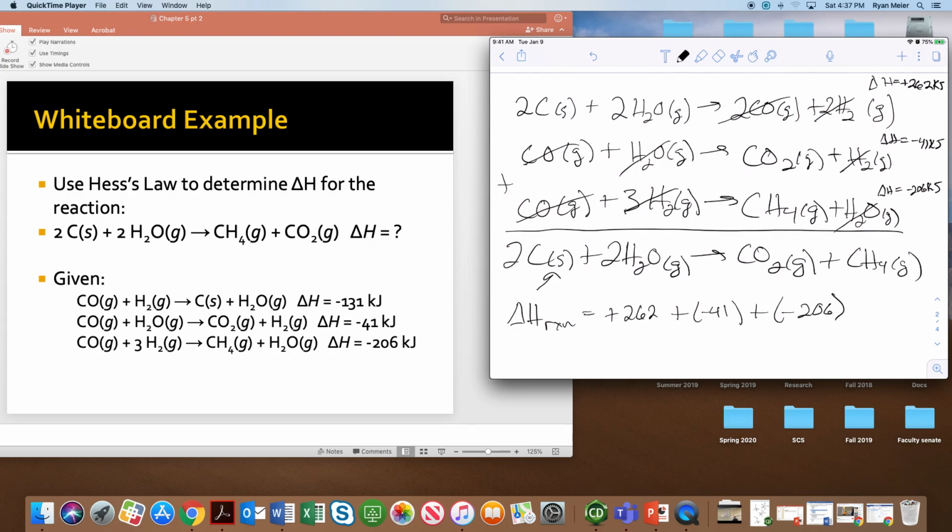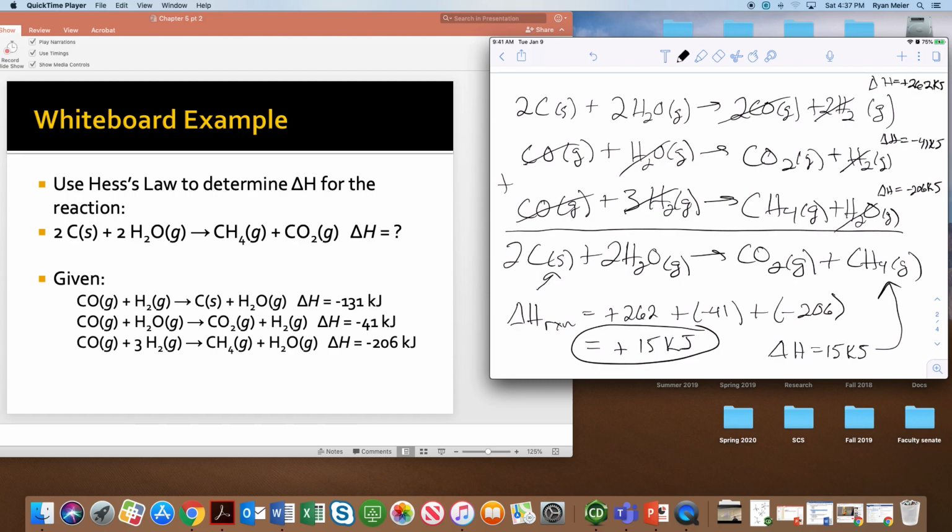And if I add all of those together, I end up getting about positive 15 kilojoules at the end of all of this. So 15 kilojoules should be the final answer for that overall reaction.